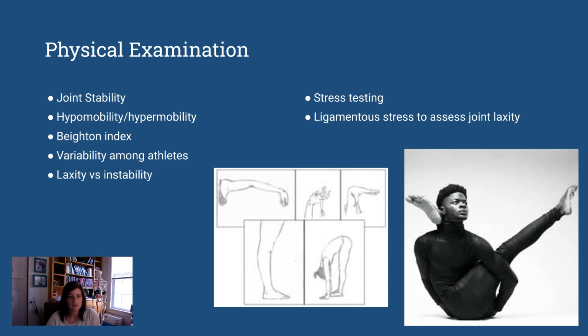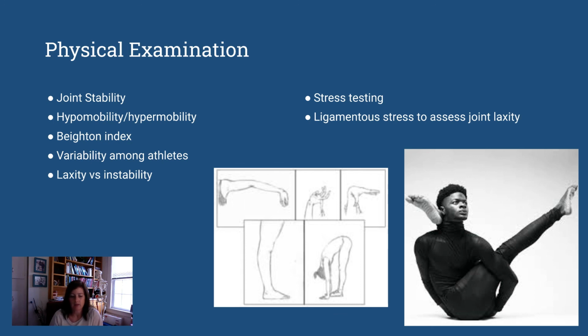Other parts of the physical examination are going to look at joint stability and laxity. So we can have certainly patients who are hypomobile, who are less flexible than we would expect them to be, based on their body type and the type of sport they play and that sort of thing.